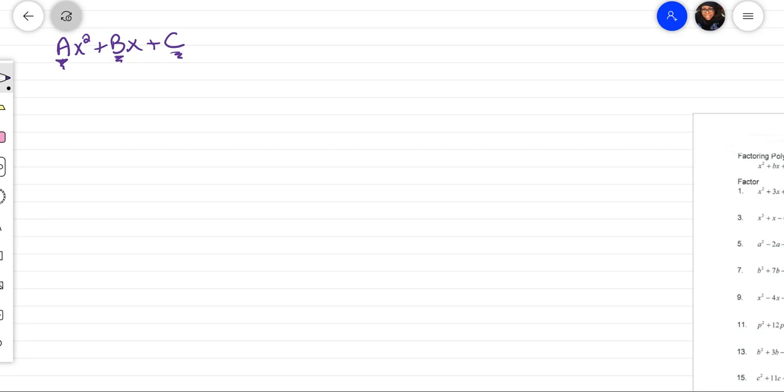And we'll start. For the first type of factoring, a is going to be equal to 1. This corresponds with page 1, and this is the most basic type of factoring that we'll have of these quadratic trinomials. With this one, a is 1. These are the steps that we follow. Step 1, we list all factors of c.